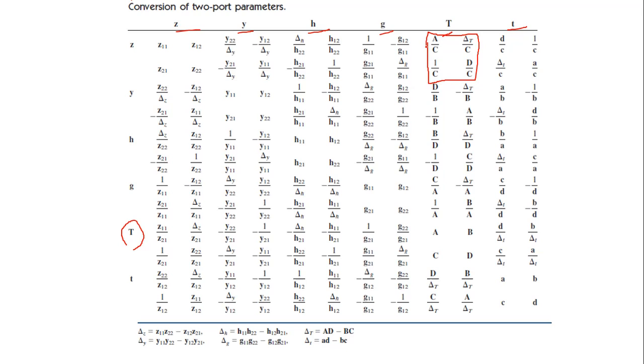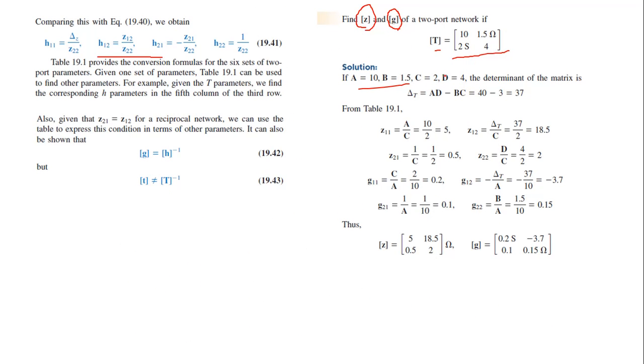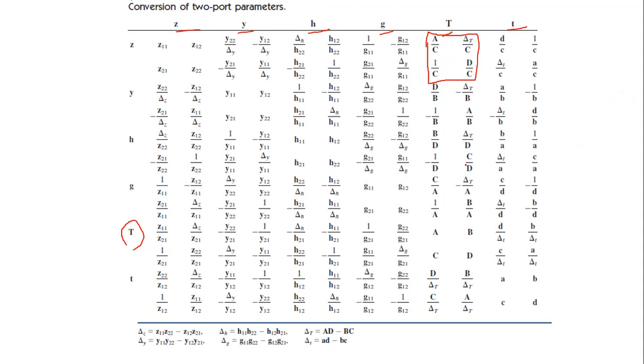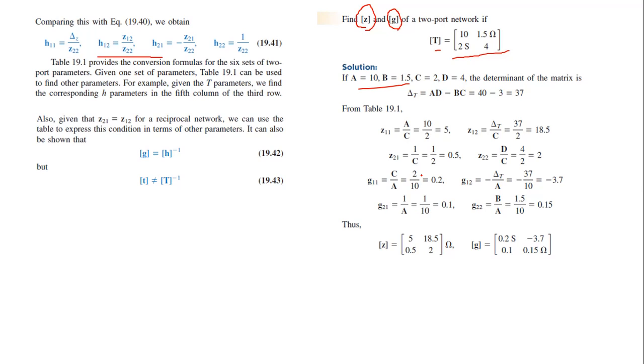T is given, we have to find Z. So the ABCD values are given; use these formulas to find the value of Z. Next, T is given, we have to find the value of G. So here it is another set of parameters. Using this, we can calculate the inverse hybrid parameters.